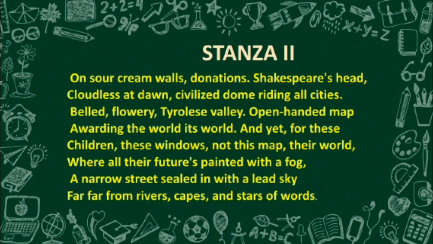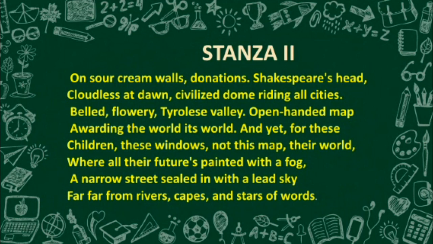Yet for these children, these windows refer to the windows of the elementary school classroom, not this map. According to the poet, in reality, the world map has no relation with the world in which these children live.